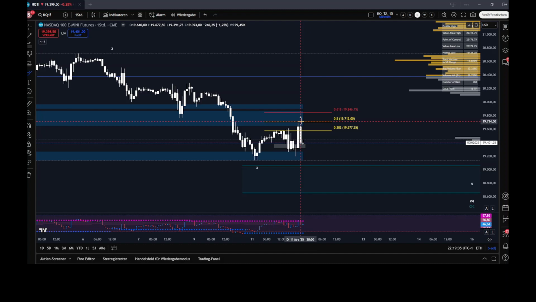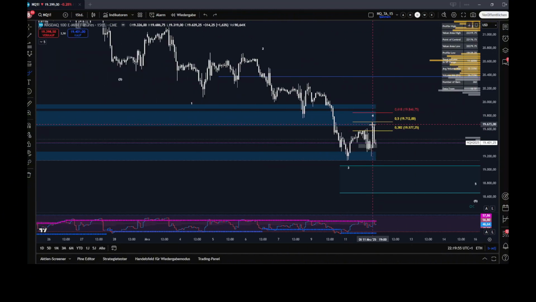So yeah, I think that we have one more low, and wave 4 reached at the moment its standard resistance area between the 38.2 at 19,577 and the 0.5 Fib retracement level at 19,712. If this is the case, we should come back down in a 5-wave move.